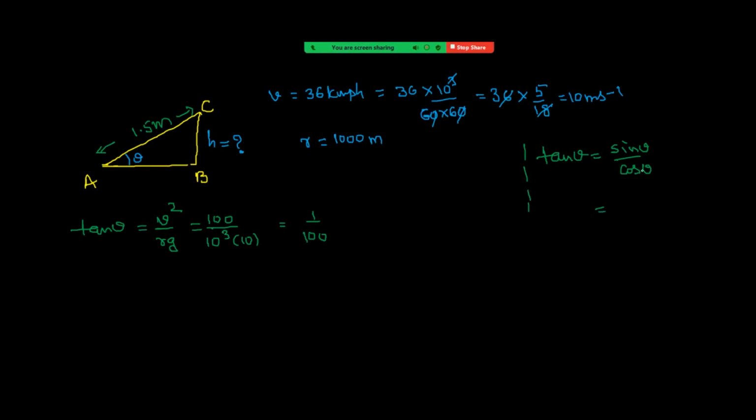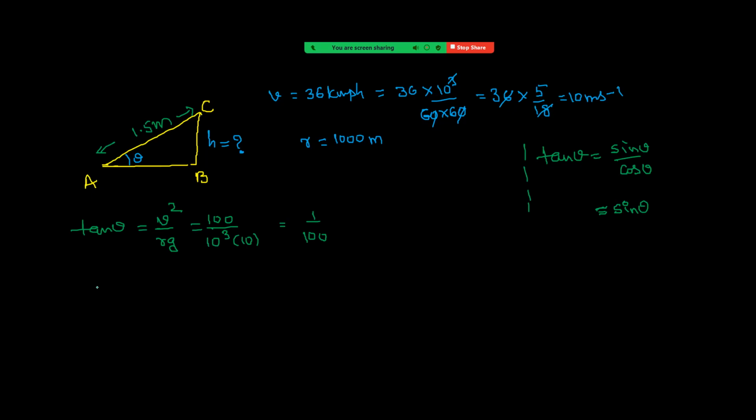Since theta is very small, cos theta becomes approximately 1. Therefore, tan is approximately equal to sin theta. I hope you got that clarity.